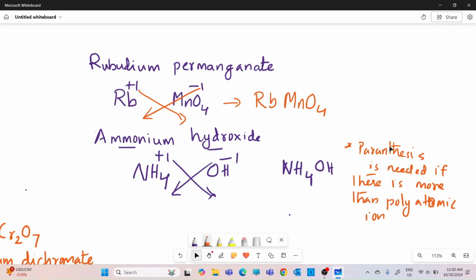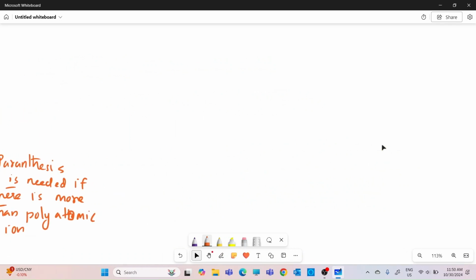Okay, so let's try another example with transition metals. We are going to name ternary compounds. Ternary means containing polyatomic ions. Ternary with transition metals.